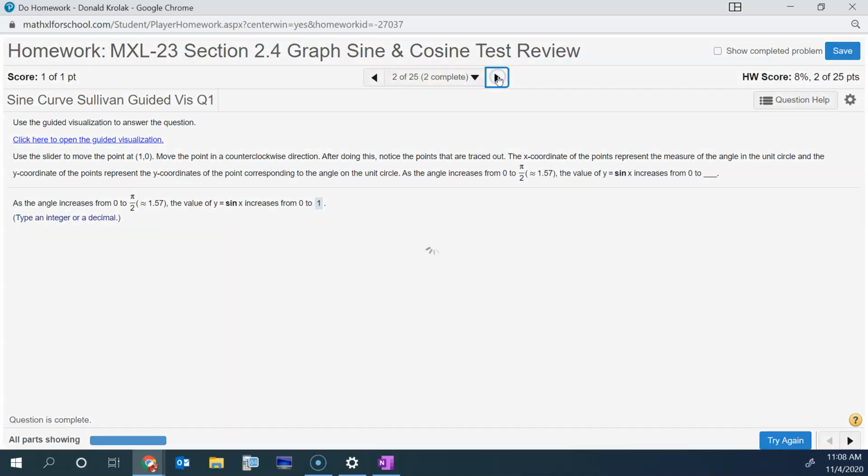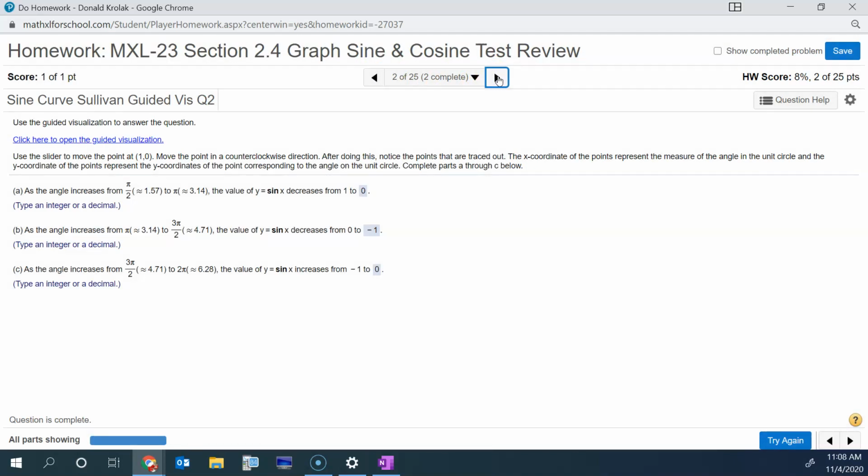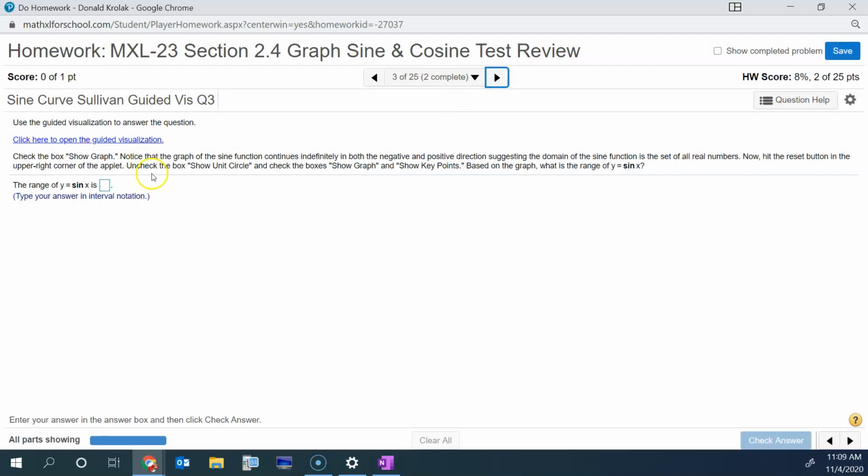Okay, so we did 1, and then that was 2, and now we're on 3. This one is the same thing, but it says, check the box that says show graph.